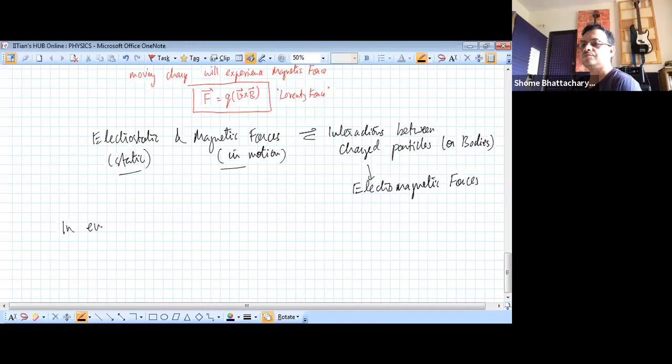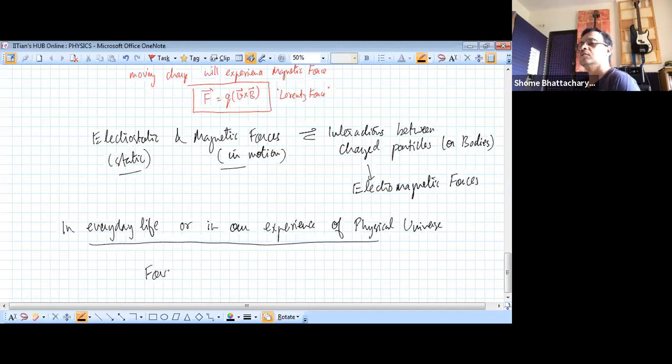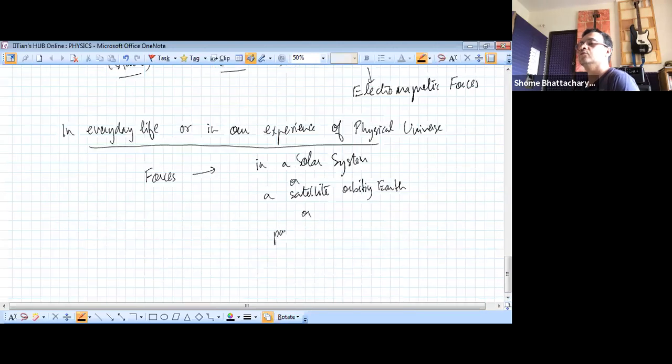So in everyday life, or in our experience of the physical universe, all the forces we experience, for example, in a solar system, or in the case of a satellite orbiting Earth, or in the case of the path of a comet, these are all part of which type of interactions? Gravitational.